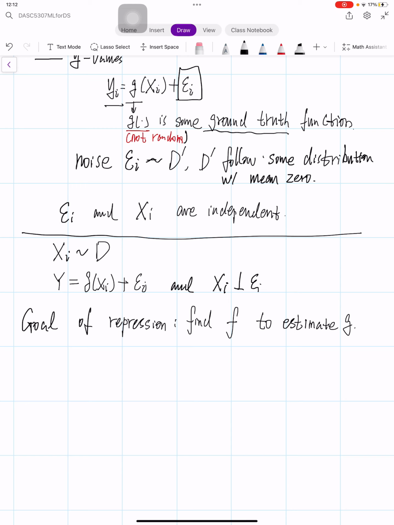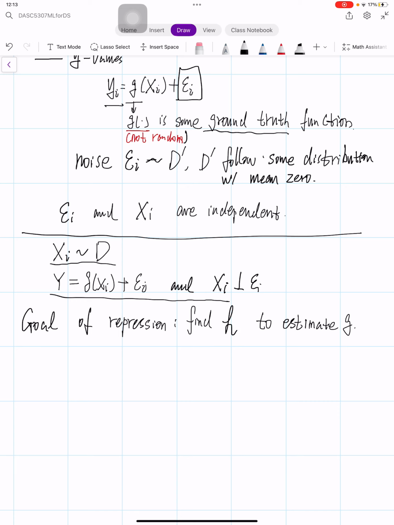But now we know that if we follow this setup, y and x are both random variables. Although x and epsilon are independent, y is a function of both x and epsilon. Let's use another notation; usually f denotes some function, so let's use h.